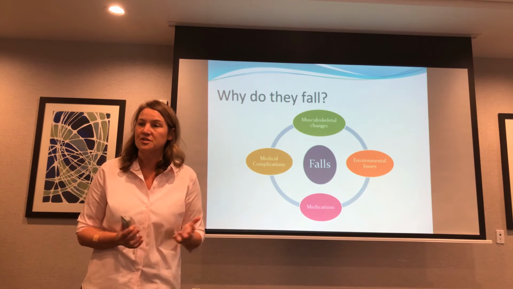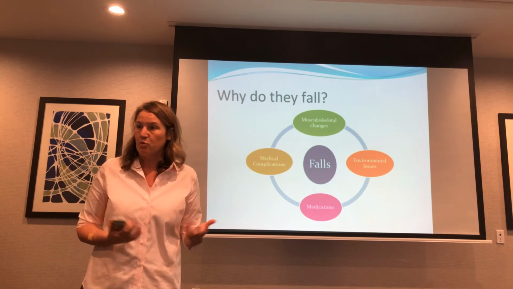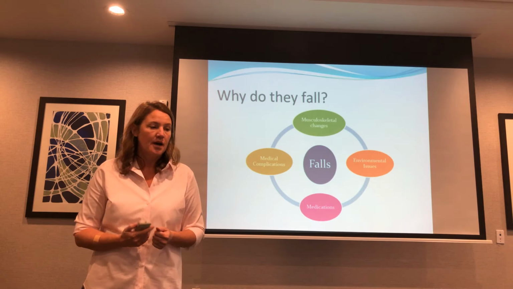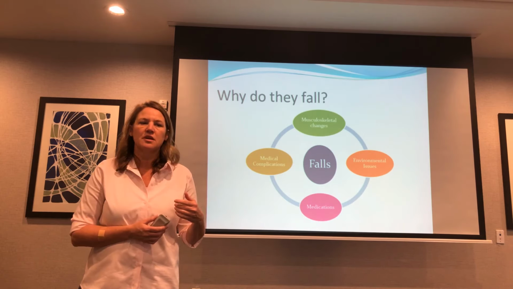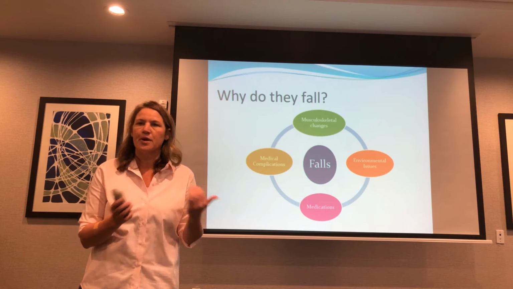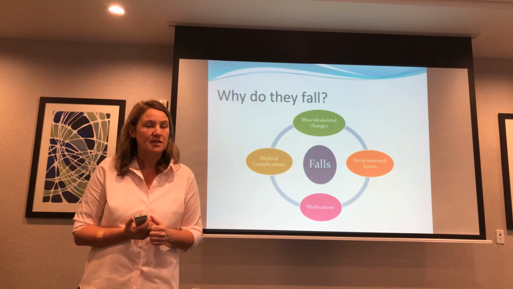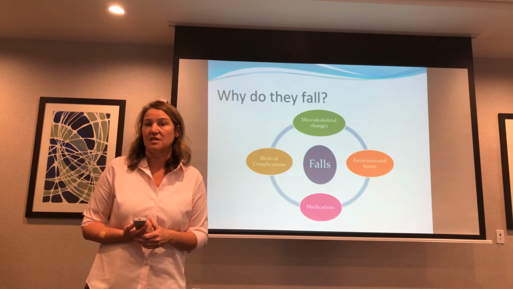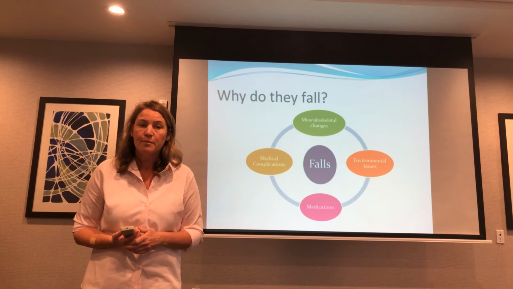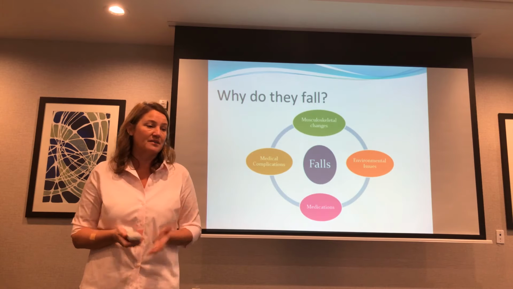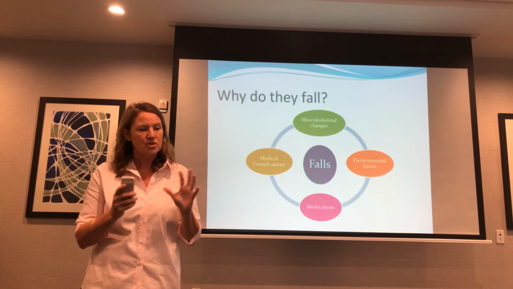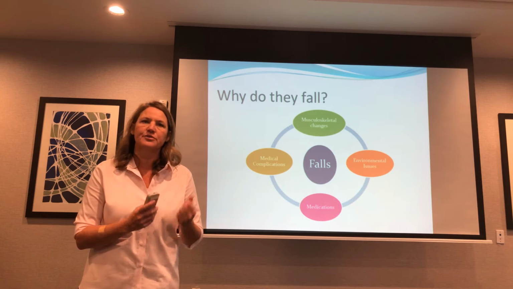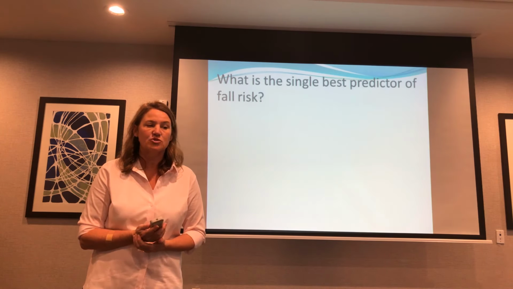What they wear, poor footwear, is a common problem. All of those would be extrinsic. Arguably, the extrinsic things might be easier to change, but maybe not if they're not compliant. So those are just a broad breakdown, and we'll go through all the detailed different things, both intrinsically and extrinsically.